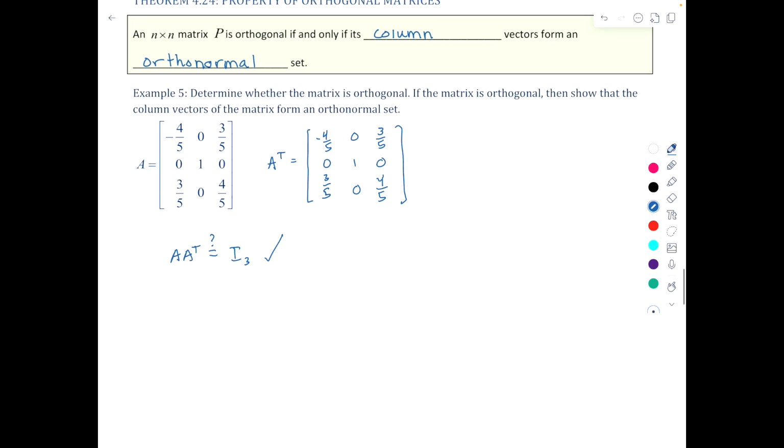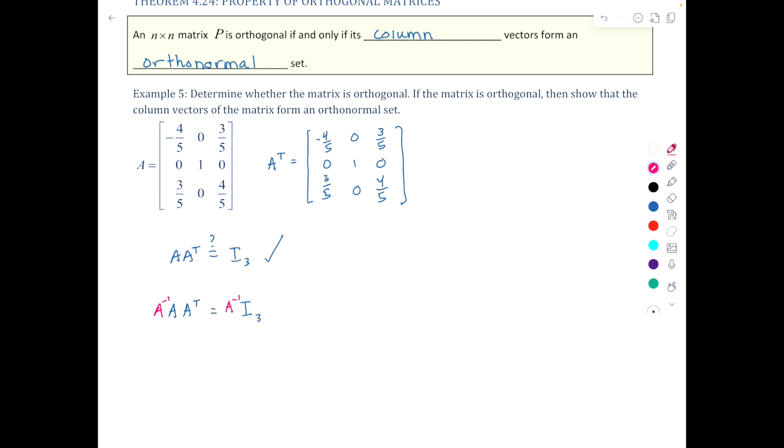And then just to look at this kind of mathematically, if you have A times A transpose, and we want to know if that is equal to I3, if we multiply on the left by A inverse, then we'll get I3 times A transpose equals A inverse, and that means that A transpose will equal A inverse.